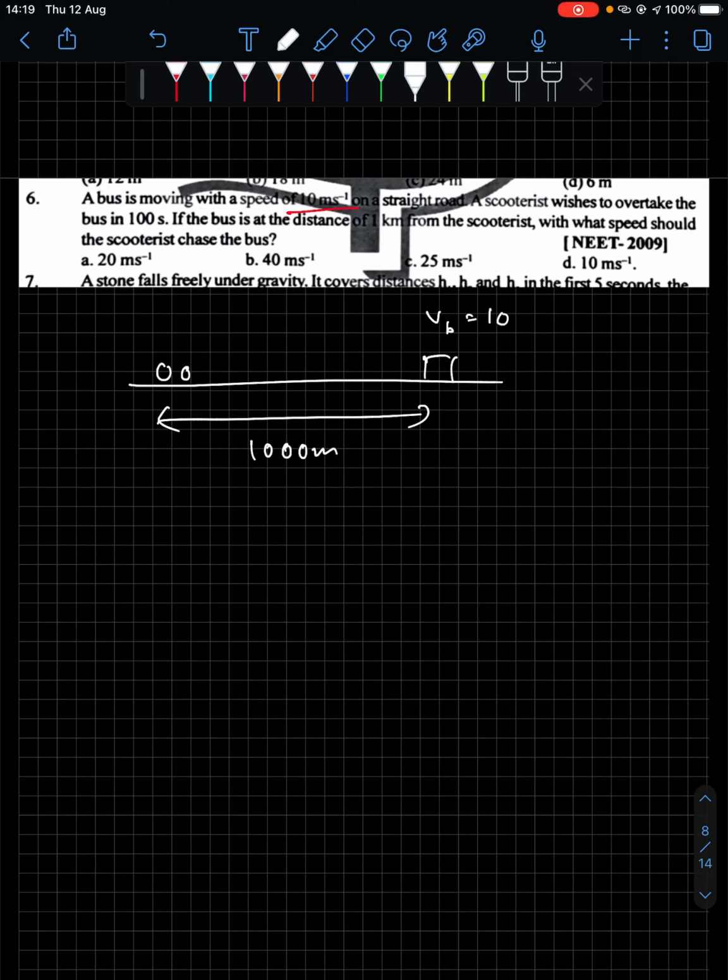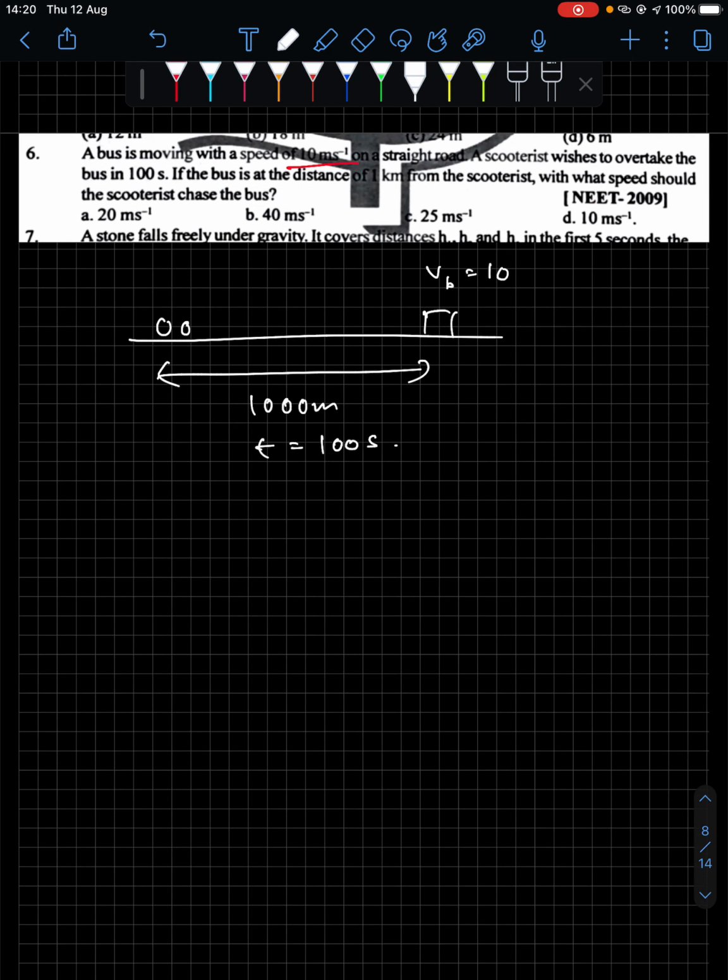Now with what speed should the scooter chase so that it overtakes the bus? Okay, the overtaking should happen in 100 seconds. So what you are finding out is the velocity of the scooter with respect to the bus. Now the distance is 1000 meter, time is 100 seconds.